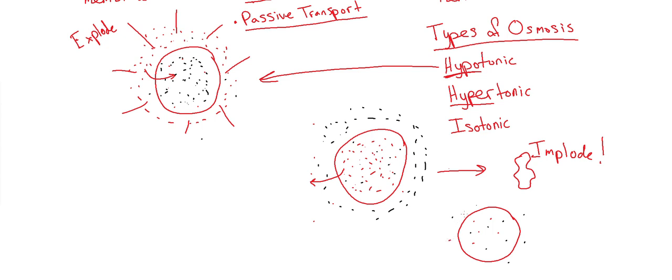Nothing really would happen. Everything would stay balanced and equal. So those are the three types of osmosis. Hypotonic, when water rushes into the cell, which potentially causes it to burst by swelling up. Hypertonic, which is imploding due to water rushing out of the cell to maintain equilibrium. And isotonic, a balanced solution.